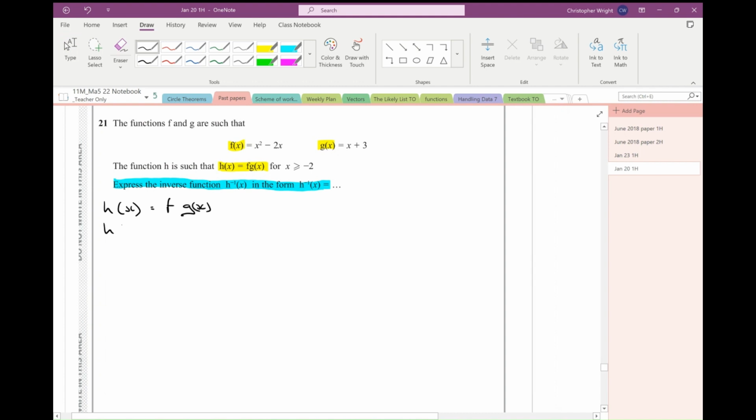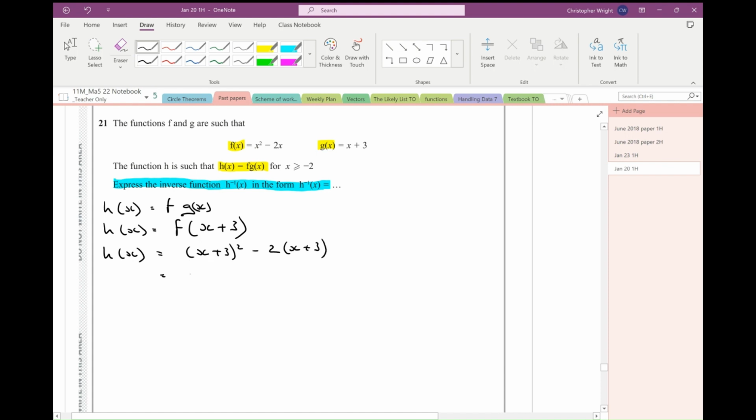So h of x is f of x plus 3, because that's what g of x is. So when I f something, as I'm about to now, I have to square it. So that's going to be x plus 3 squared, and subtract 2 times it. There we go. Let's simplify this.